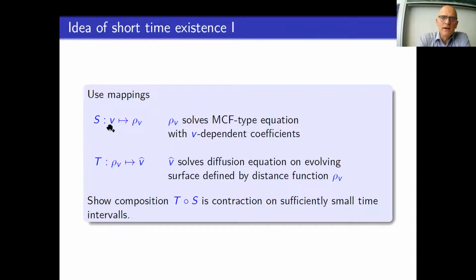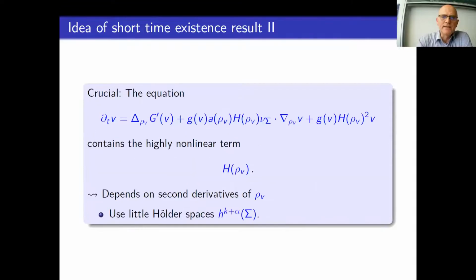So S, which takes a V to rho V, and then rho V goes to a V hat. And of course, what we want to show is a fixed point of this composition, and the idea is using a contraction mapping principle, and this you can do.